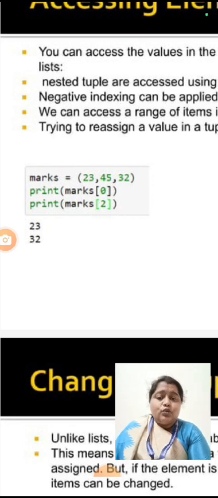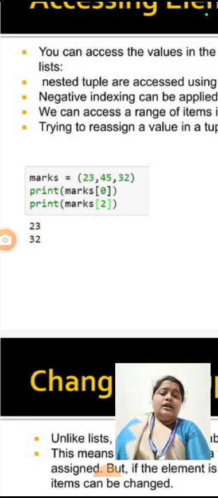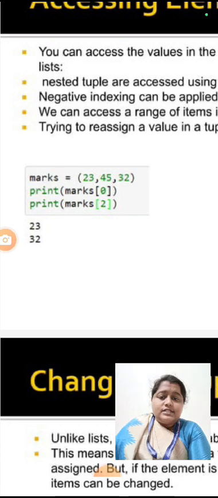The same thing we are going to do here, that is 0, 1, 2. The 23 is given position 0, 45 is the first element and 32 is the second element.